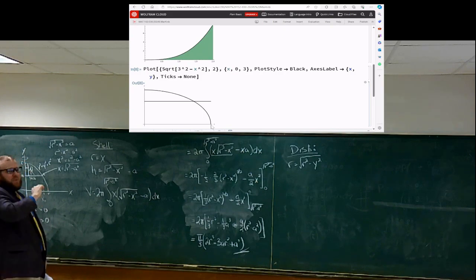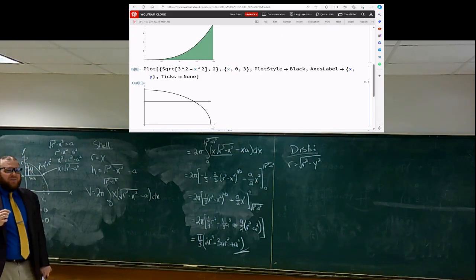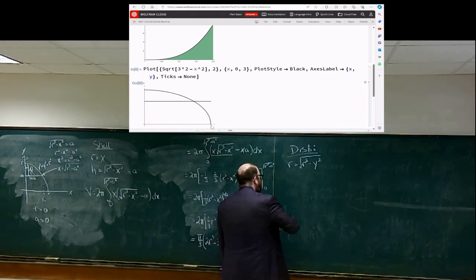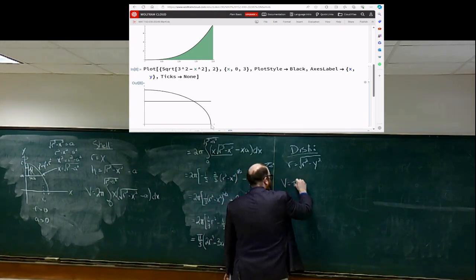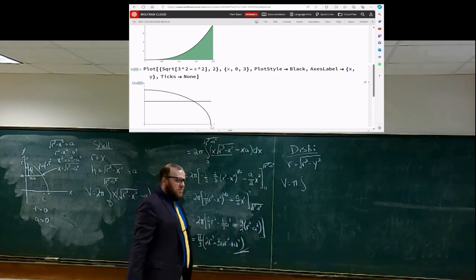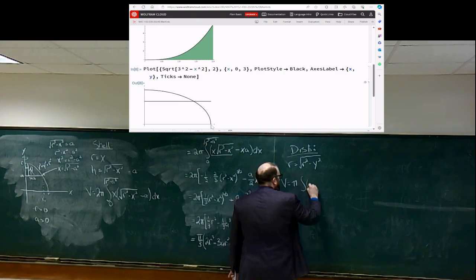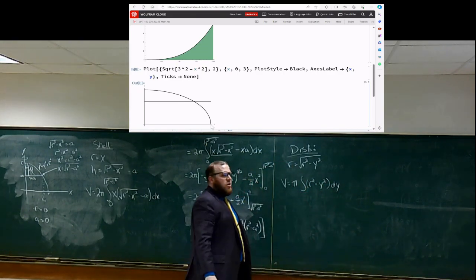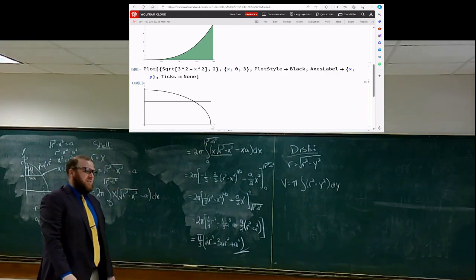Or maybe I should have used a capital R for the radius of the sphere. Whatever. Volume would be pi times the integral of r squared dy, and what are the limits of integration?